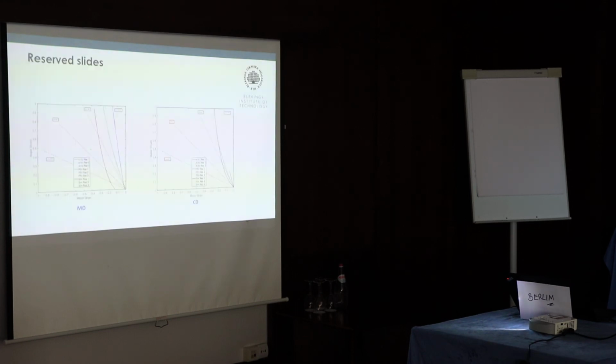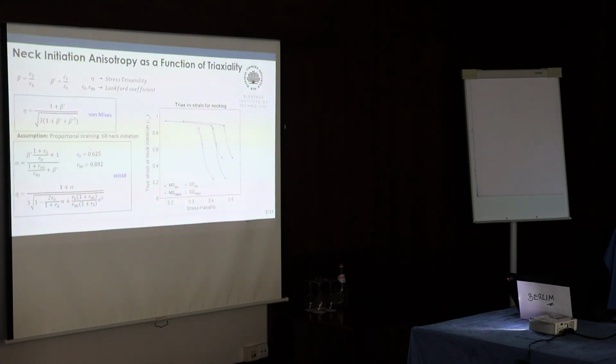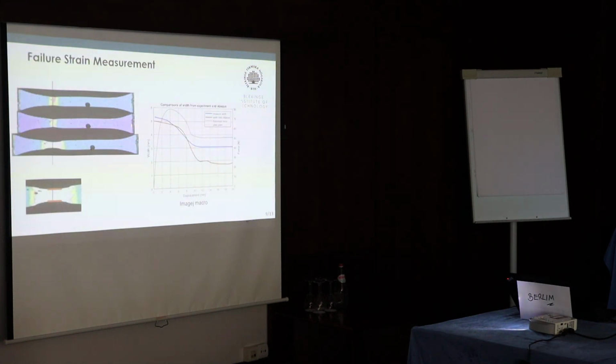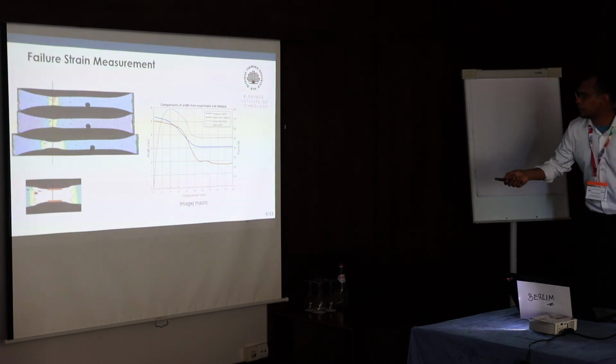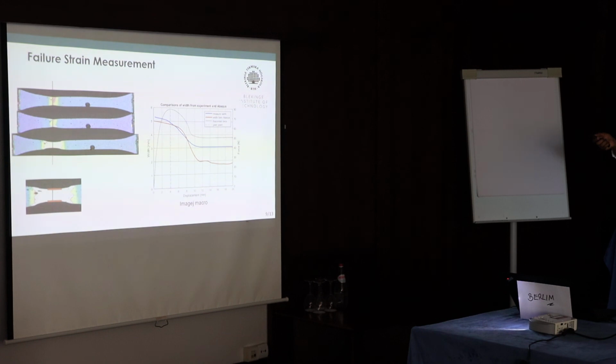We have also checked in one case with finite element simulation. You can see there's a smooth tracking. What we measure is the blue line here. It's smooth, but when you compare with the finite element simulation, we have to attribute the difference to the anisotropy of the material.